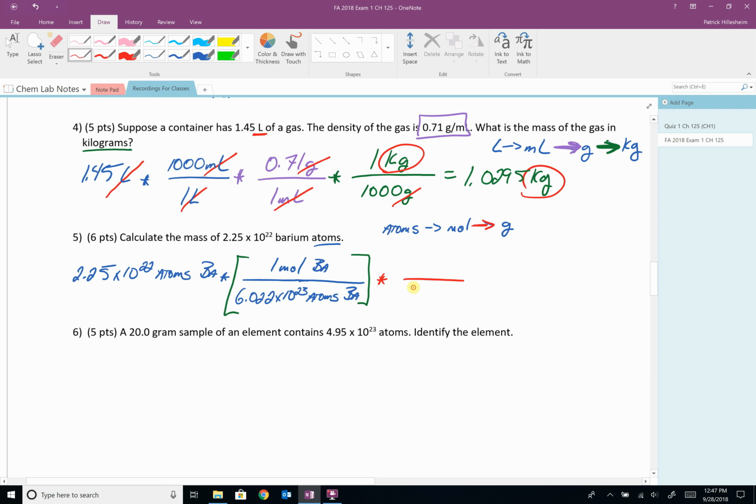So for every 1 mole of barium, we're going to have a mass of 137.328 grams. And my answer is 5.131 grams of barium. So in red, I just pull that information from the periodic table.